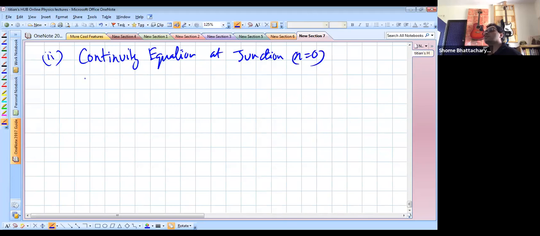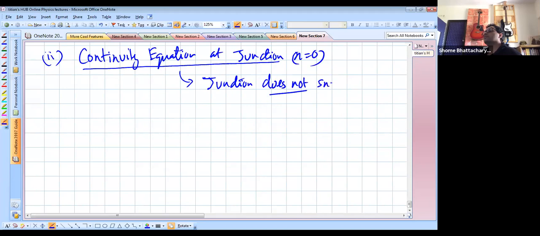At the junction, that's x equal to 0. So what I mean by the continuity equation is that the junction does not snap, it remains intact.